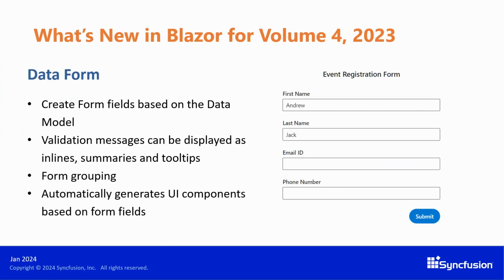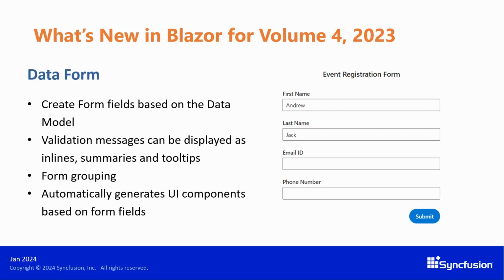Okay, let me navigate to the next important component that has been introduced for this volume release, which is data form. This data form component allows you to create forms that can automatically generate form fields from your data model. Using this data form, you can design a registration page or login page that provides a user friendly experience.